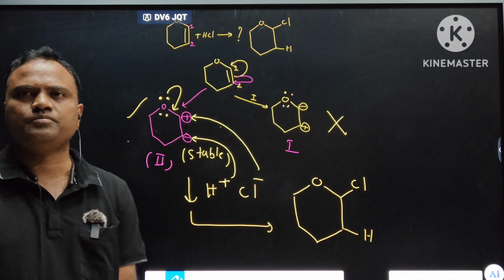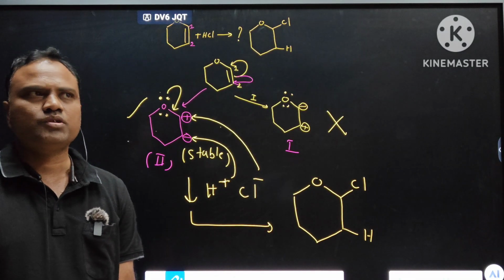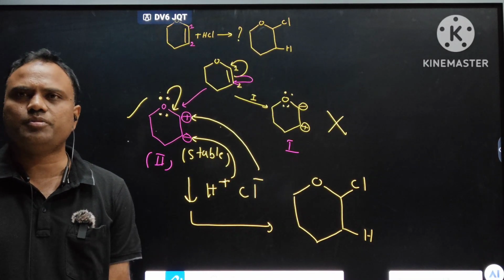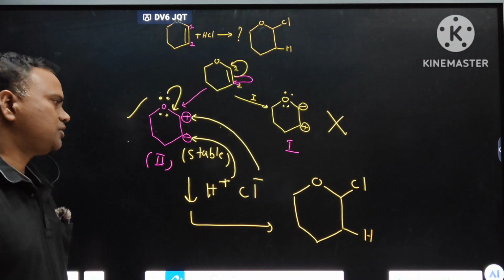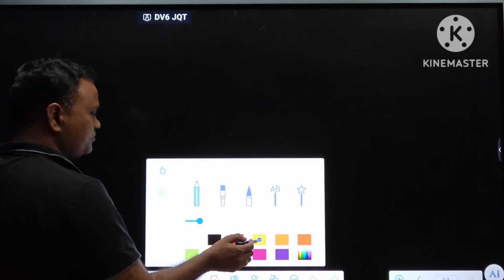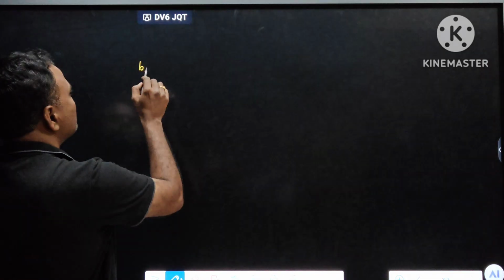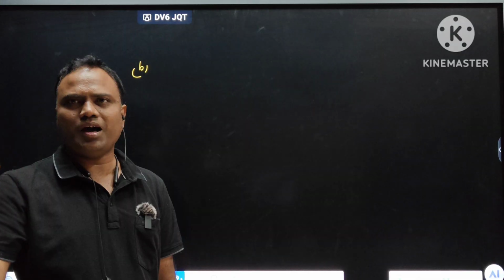Right. Shall we go to the next preparation method, all of you? Right. From alkenes only, second method. Method B, Roman numeral 1, from alkenes.